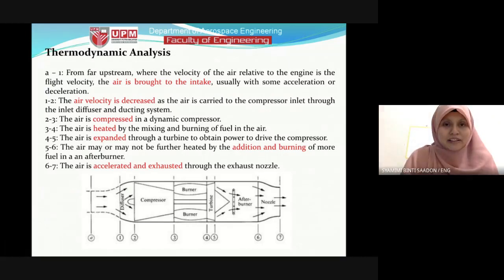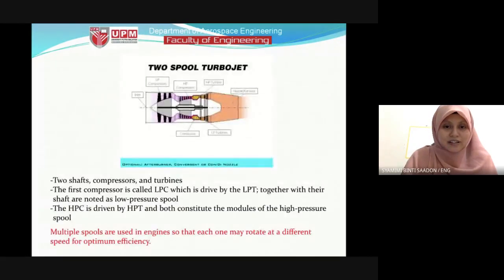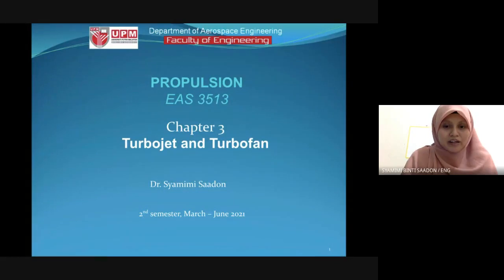I think that's all from me for now. Hope you understand this chapter. If you have time, you can also start to look at the equations of the thermodynamic analysis process.